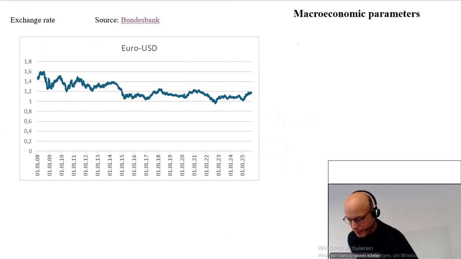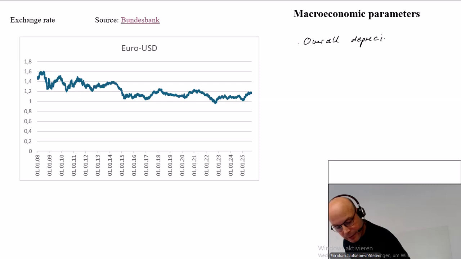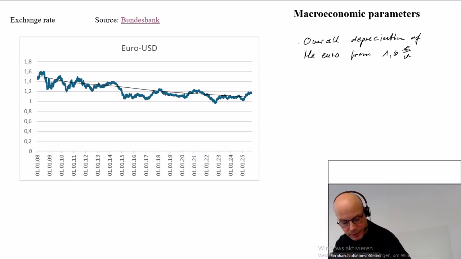Yeah, and in general, we have an overall depreciation of the euro, let's say coming from 1.6 euro to US dollars in 2008 down to roughly 1.15 euros to the US dollar.